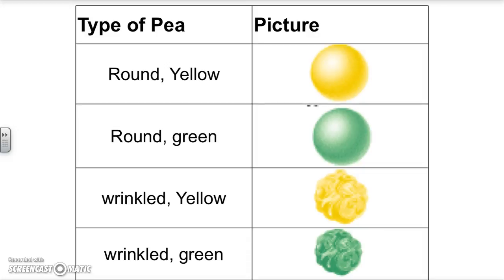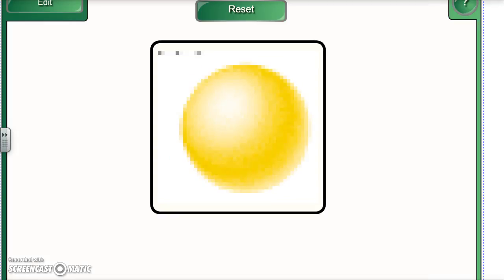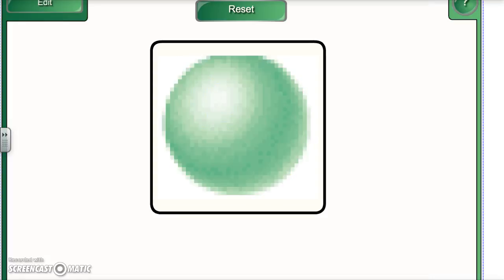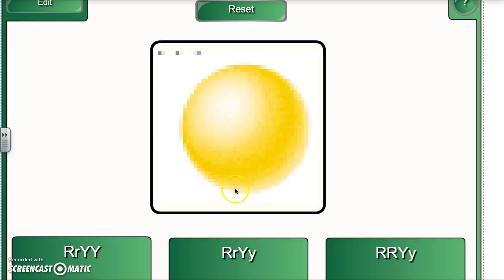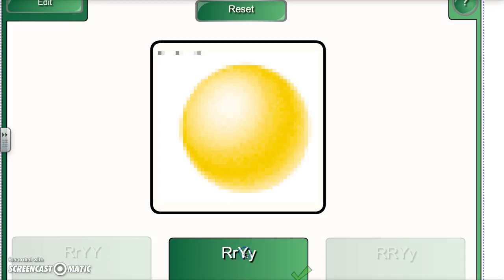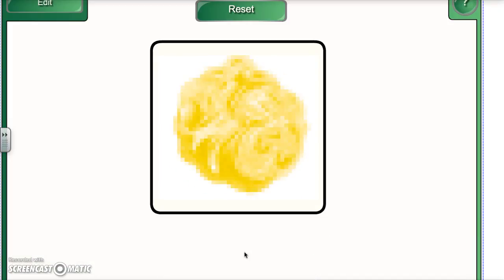So at this point, I would ask students to complete this example, which would test how much they really understand phenotype versus genotype. So they would click on one and then have to guess. Now, before I pick one, all three of these are actually correct. So if they pick one of the other two, it will also be correct.